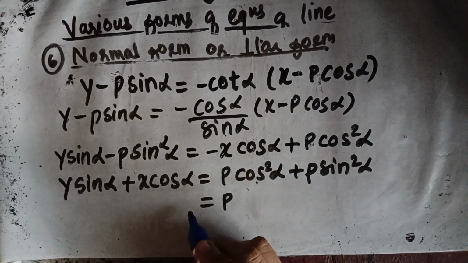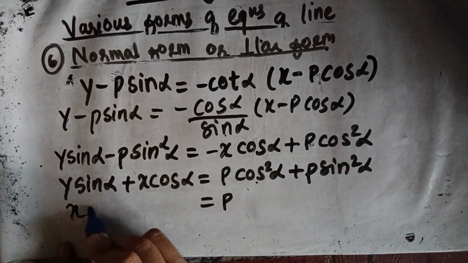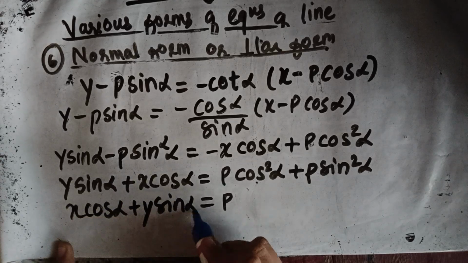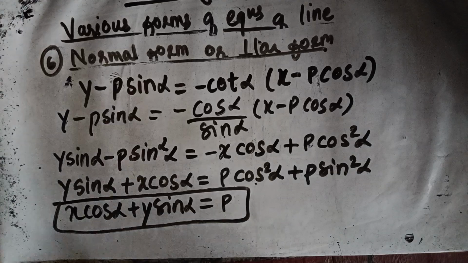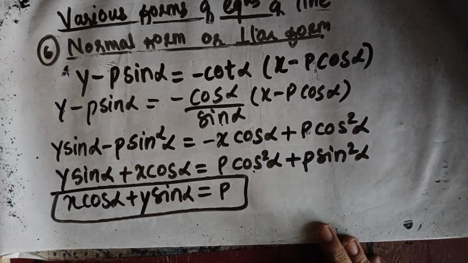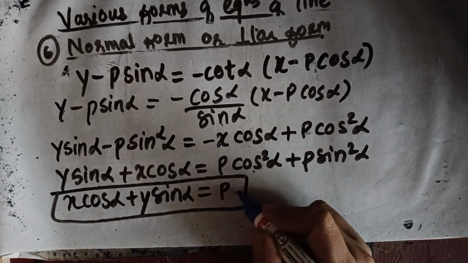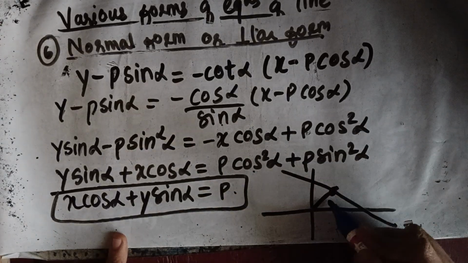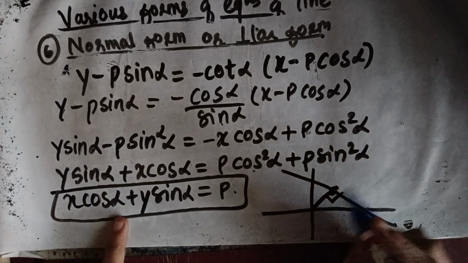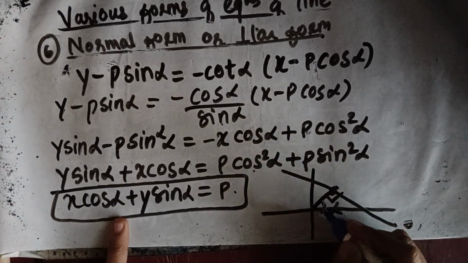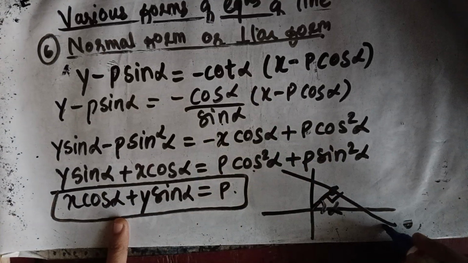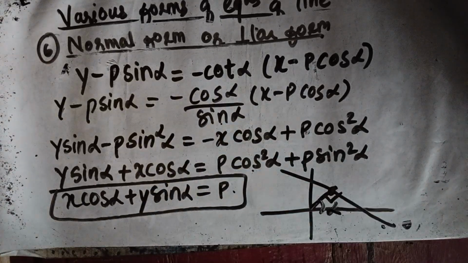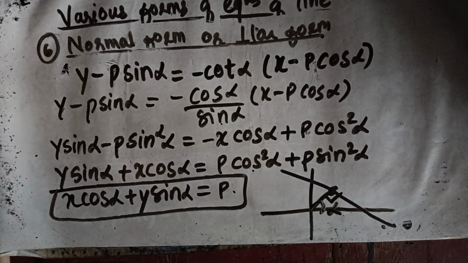So this comes to x cos alpha plus y sin alpha equals p. This is the normal form, where p is the perpendicular distance of the line, and alpha is the angle made by this perpendicular with the x-axis. So then we'll get the equation.